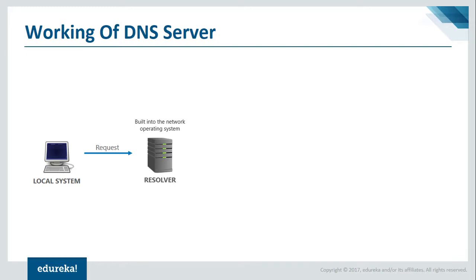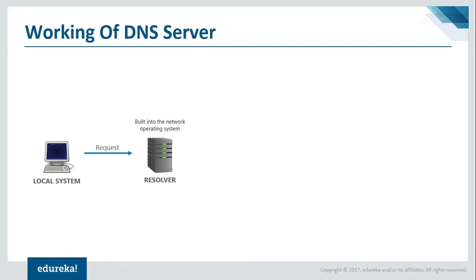When you specify an IP address in your browser, if it has the history of where it's located, it would automatically start pinging that machine or reach that server. But if it does not have that IP address, it would have to manually search for that address from various other root servers in the hierarchy.